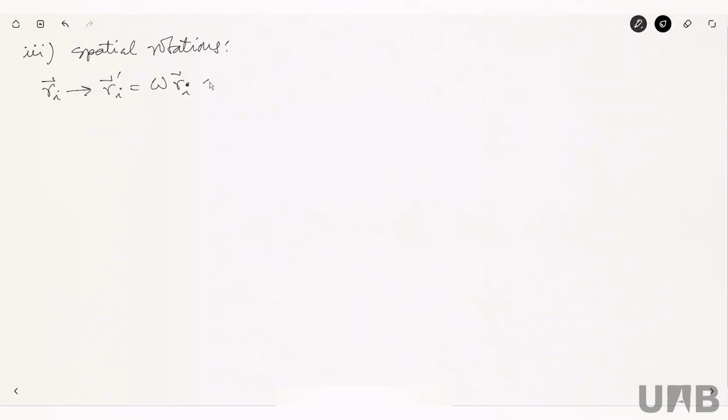And we have to see what this rotation matrix omega is infinitesimally. Remember that we are only interested in infinitesimal changes. So that's going to be the same vector as before, plus an infinitesimal change of r. So this is infinitesimal now. It's an infinitesimal rotation away from unity.